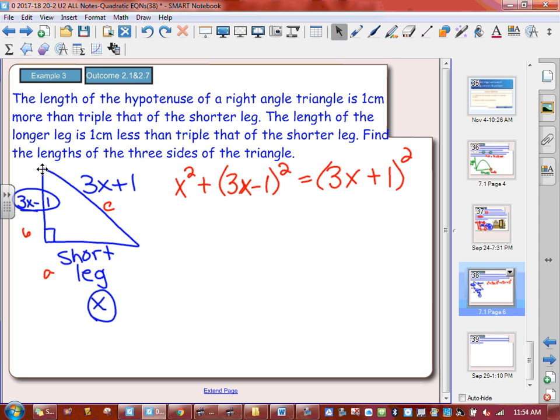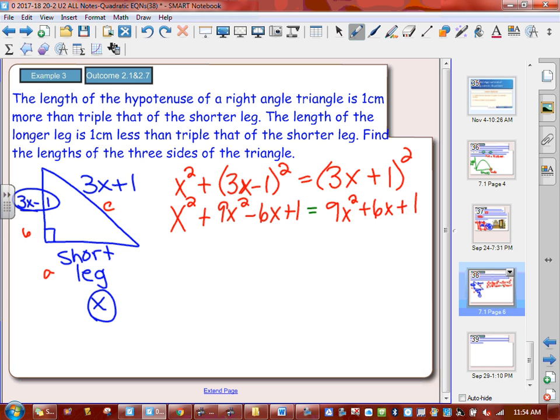Since we're running out of time, I will just give you the numbers real quick. Plus 9x squared minus 6x plus 1 equals 9x squared plus 6x plus 1. Now we have to bring everything on the right to the left-hand side, so it becomes the opposite sign and sits underneath those other terms.